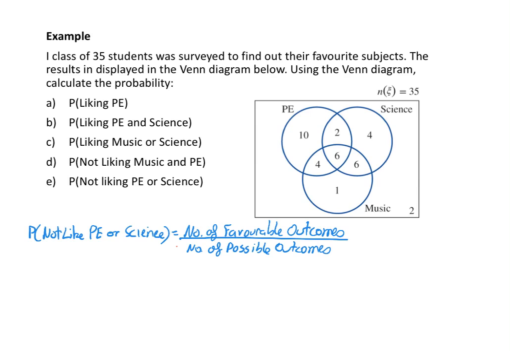So to help me do that, I want to first work out the number of people that like either PE or science. So all the people contained within the PE or science set are going to be my unfavourable outcomes, and my favourable outcomes is going to be the balance of the responses.